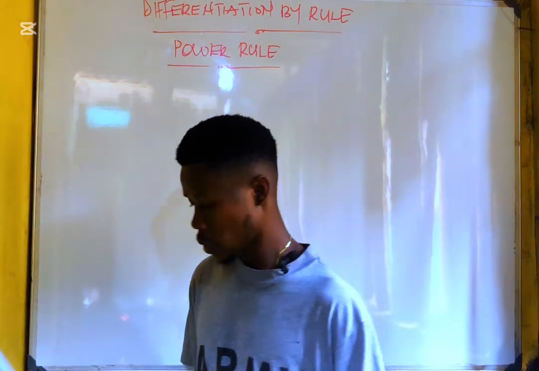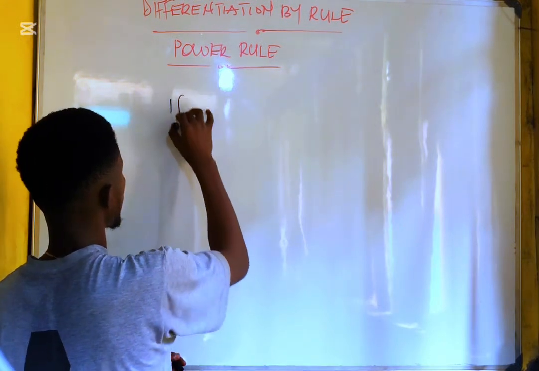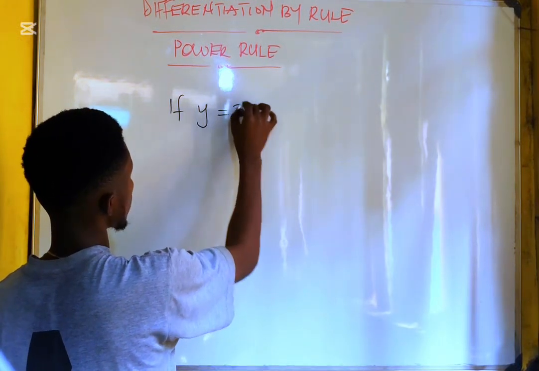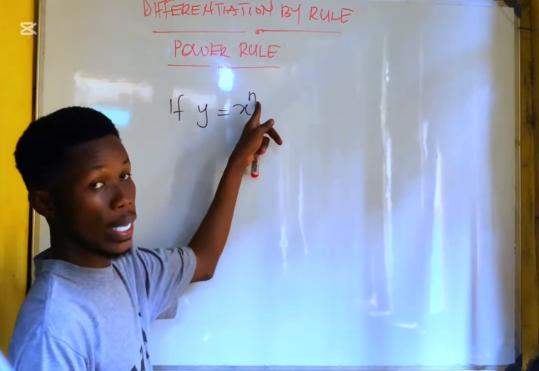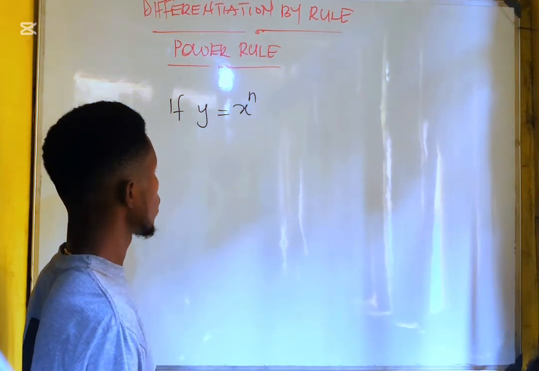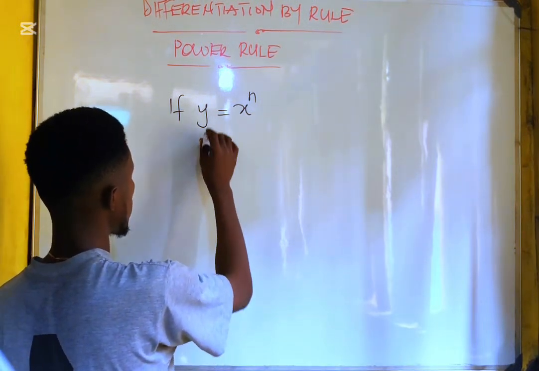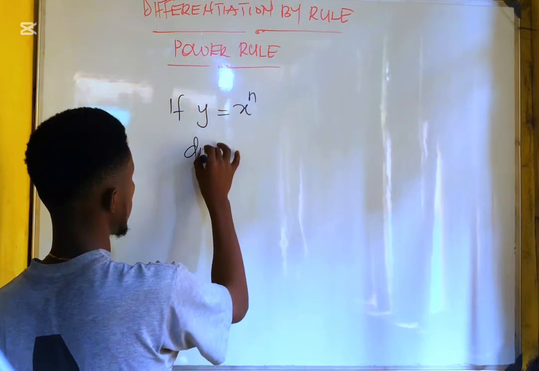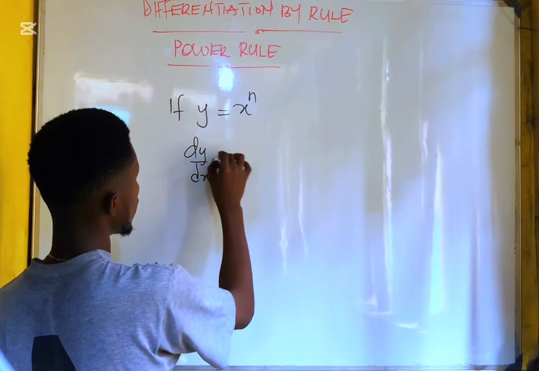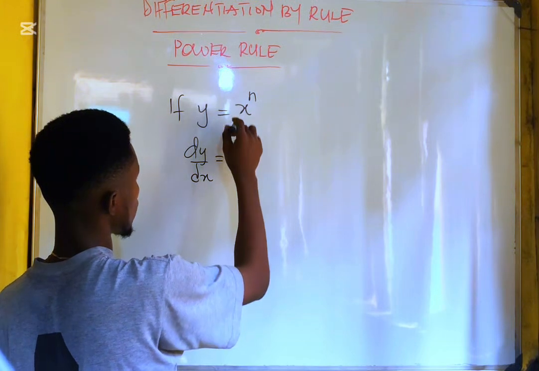Let's take this for instance. If y equals x to the power n, where n is an integer, okay? Now, if you want to find dy/dx of this, then what you do is that you take this integer and you multiply it by the x here.